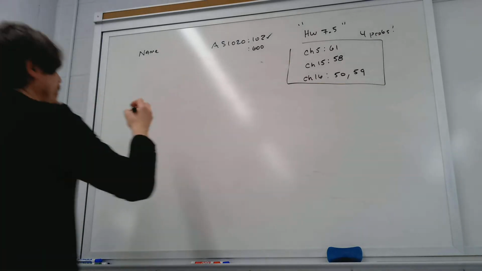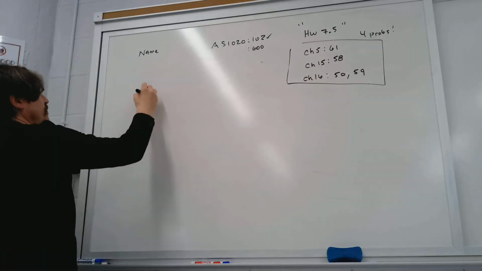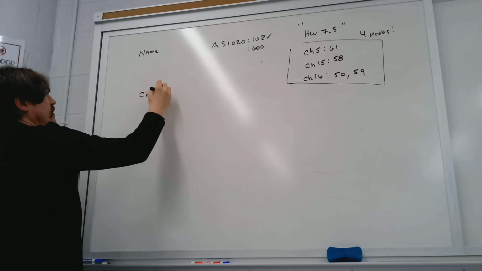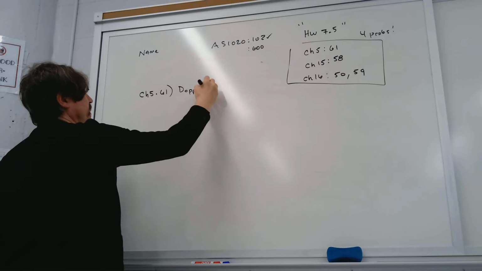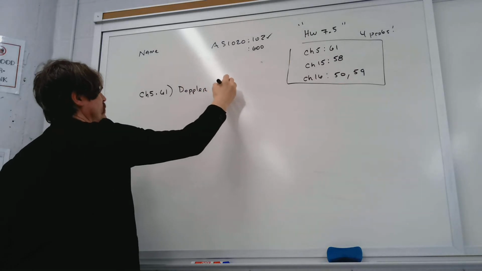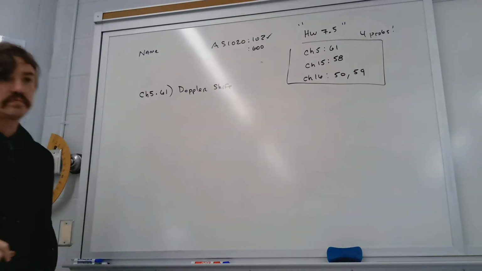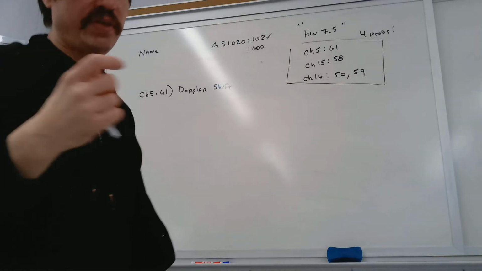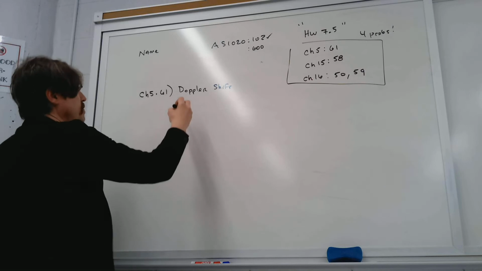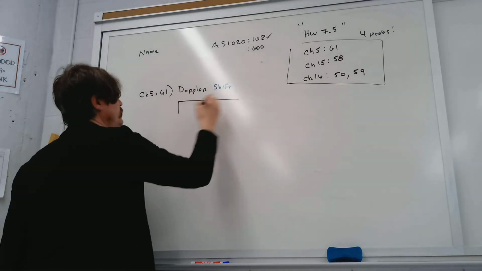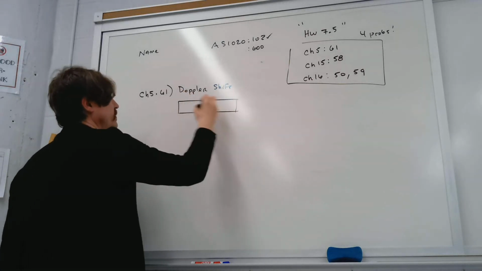Now we're going to begin chapter 5, number 61, which is on something we'll be learning about today called the Doppler shift. The Doppler shift is a method of measuring the velocities of stars by studying changes to their absorption lines.